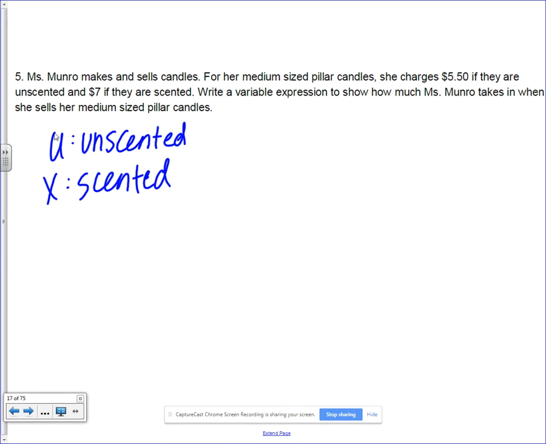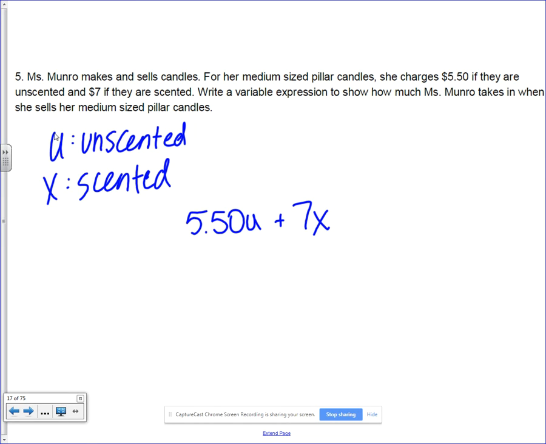Now that we have variables and we define them, can somebody write me an expression? Perfect. Let's take it a little bit further.